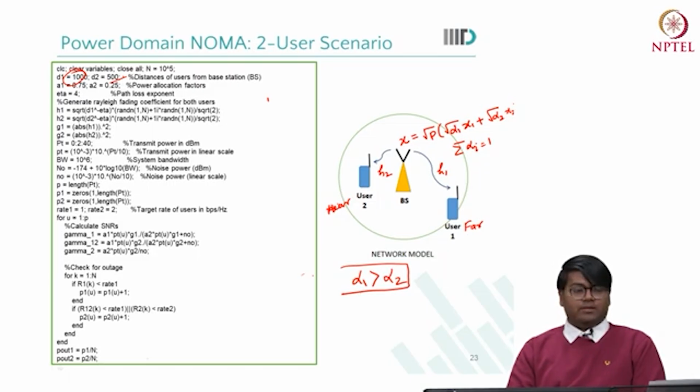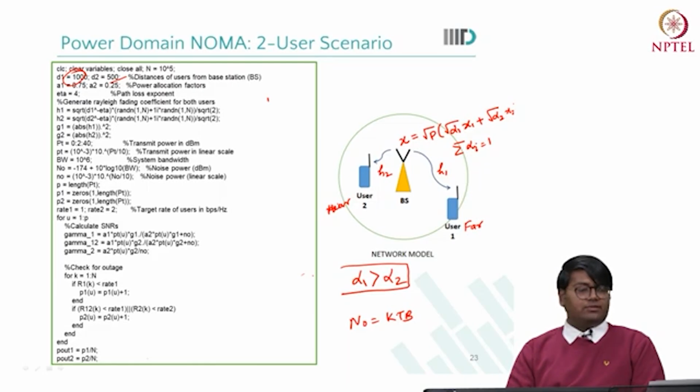Then we calculate the thermal noise power. N naught, the thermal noise power, can be calculated using this formula, where K is Boltzmann's constant, T is the temperature, and B is your system bandwidth.